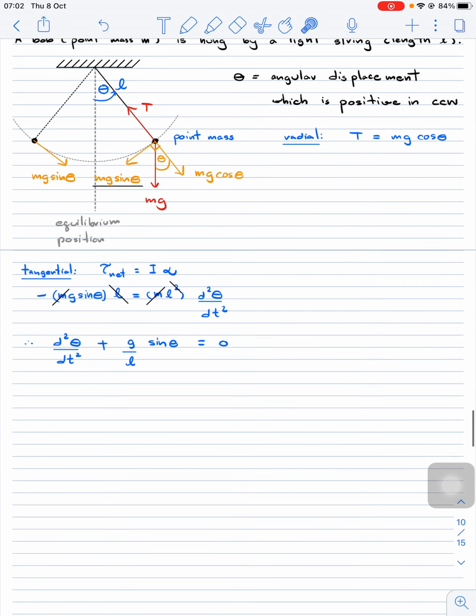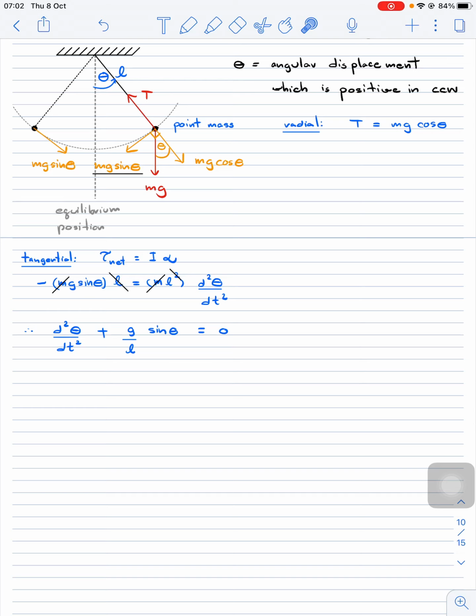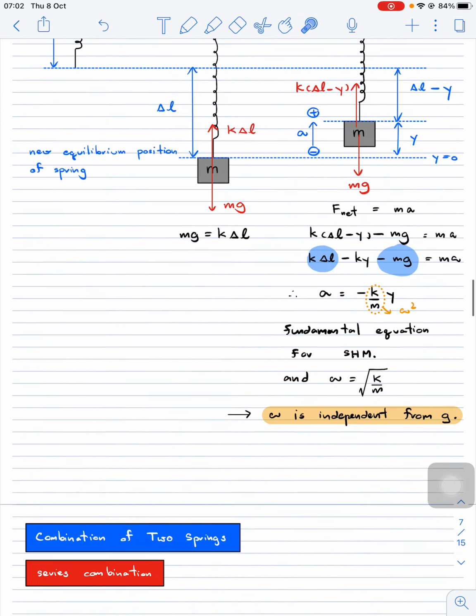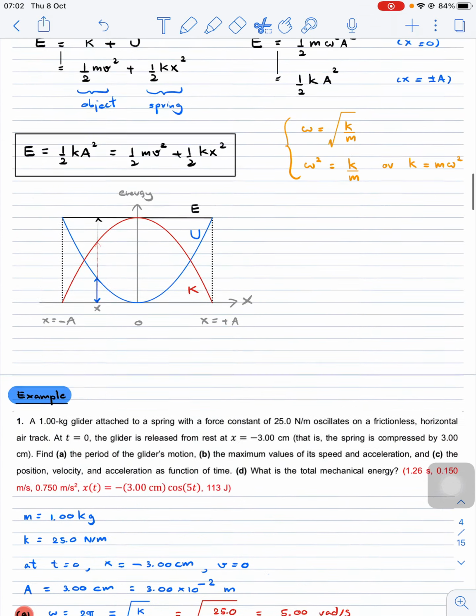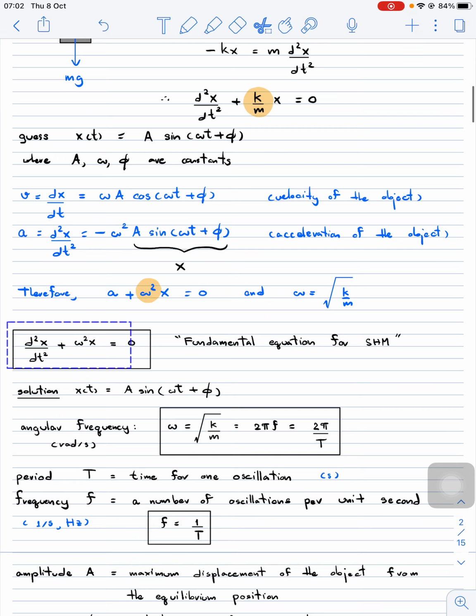Okay, so then we get this equation, but you can see that this equation looks quite similar to the fundamental equation of simple harmonic motion. If you remember, the fundamental equation is just this one.